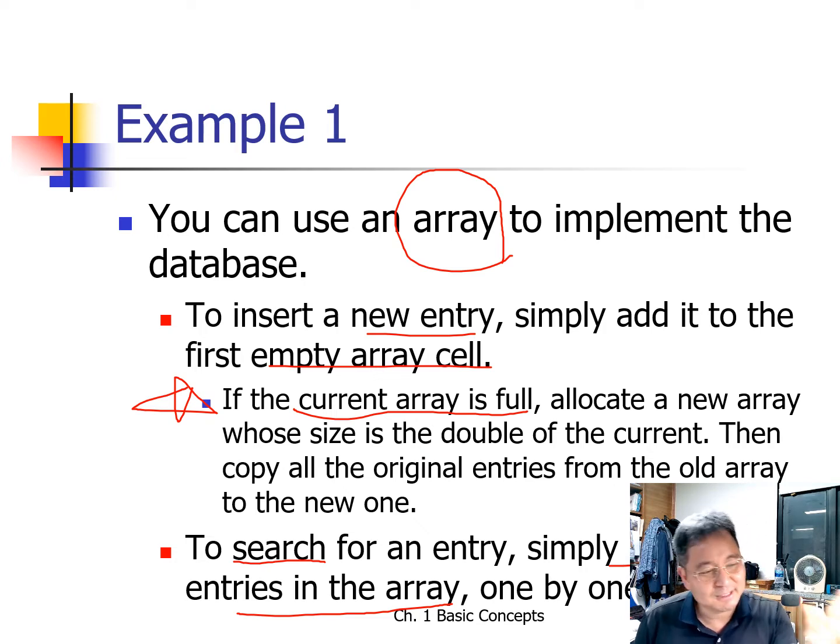I think a sequential search is not so efficient. Okay, so array looks like a very good, excellent data structure for the university student database, but we can find some defect of the array data structure for this example.